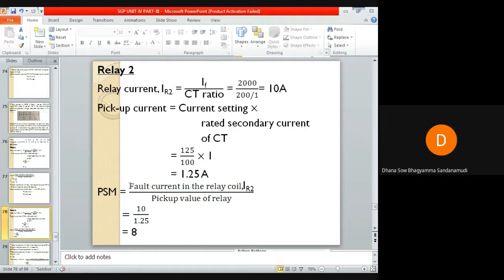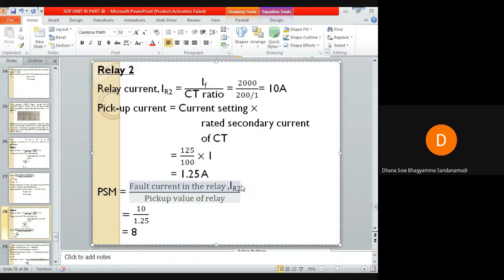Next, the plug setting multiplier value is the fault current in relay 2, that is IR2, by the pickup value of the relay. So 10 amperes by 1.25, you will get 8. PSM is 8. For this PSM, check the time value from the given data.